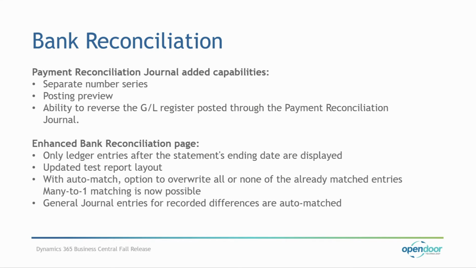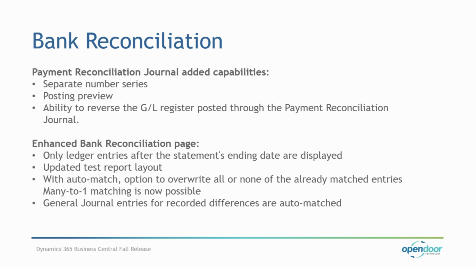Payment reconciliation has been improved. The posting preview and the ability to reverse the GL register posted through a payment reconciliation might be the ones that were the most expected improvements or anticipated improvements by users. We also have additional enhancement to the bank reconciliations.